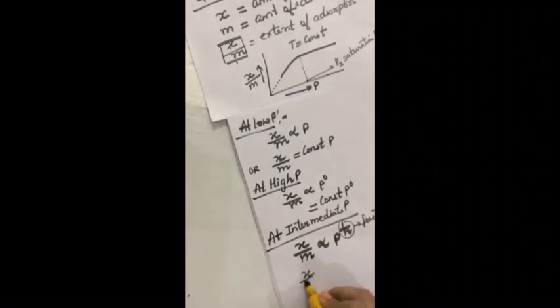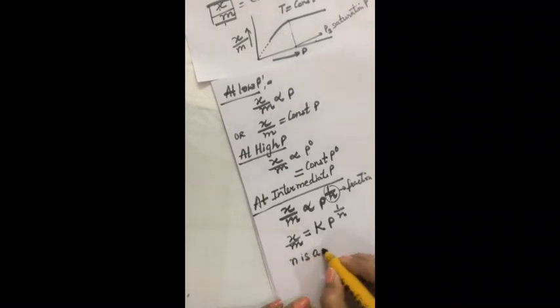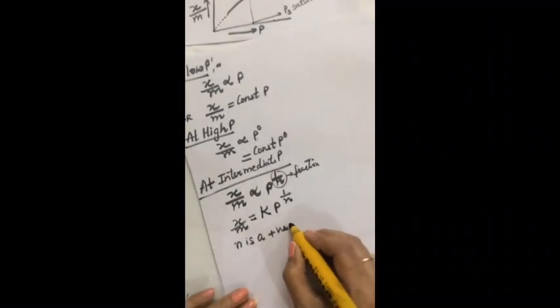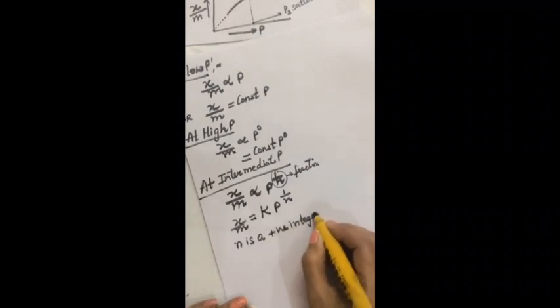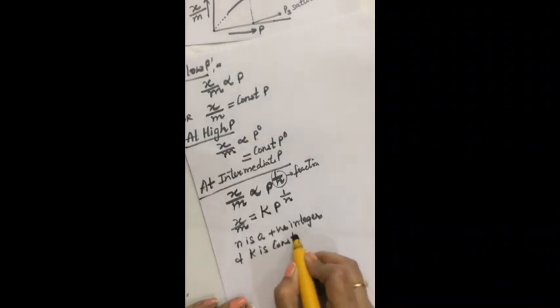That is, x by m depends on pressure raised to a power between 1 and 0, a fractional value. So x by m equals K times P raised to the power 1 by n, where n is a positive integer and K is a constant.